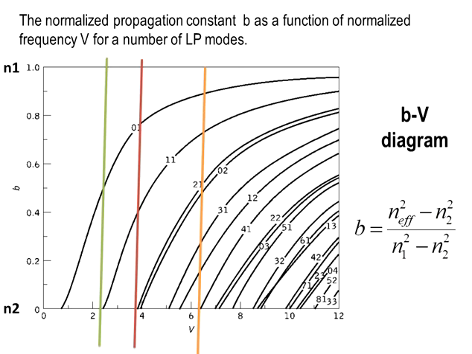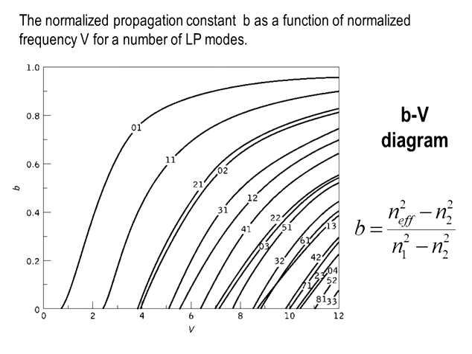Now if you consider the first mode, that is LP01, if I draw these two lines, the vertical line indicates the value of V number 2.405 and the horizontal line indicates that at that point where these two lines cross, the effective refractive index is around 0.5.